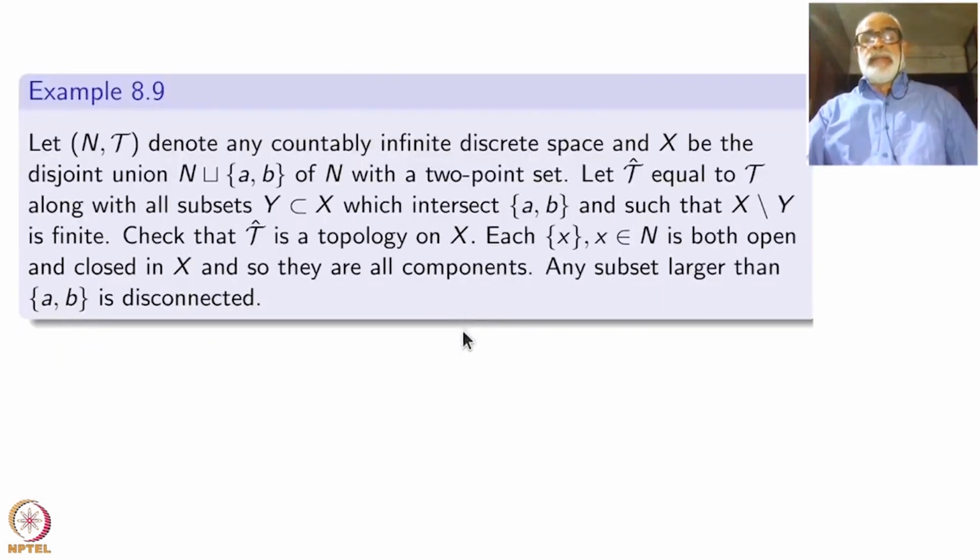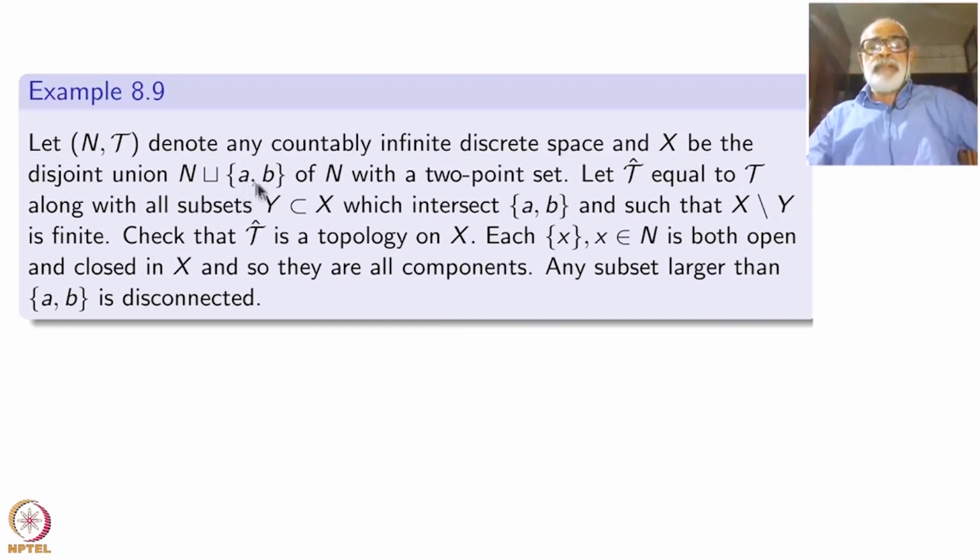So here is one example which is not a metric space, but it's an easy example. Start with a countably infinite set with a discrete topology. That is my N, tau.